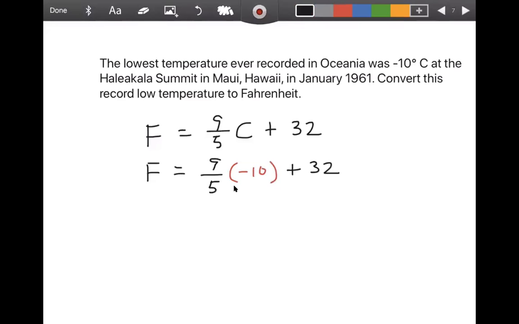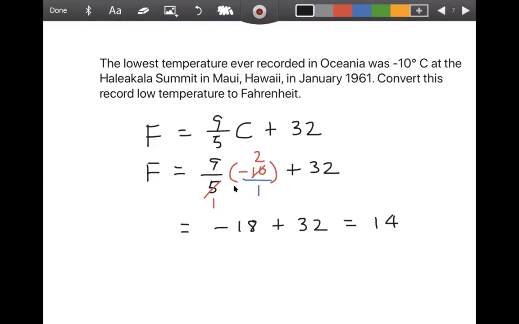All right, so just like we've done several times before, let's sneak a 1 underneath this -10. 5 divided by 5 is 1. 10 divided by 5 is 2. 9 times -2 is -18. -18 plus 32 is 14.